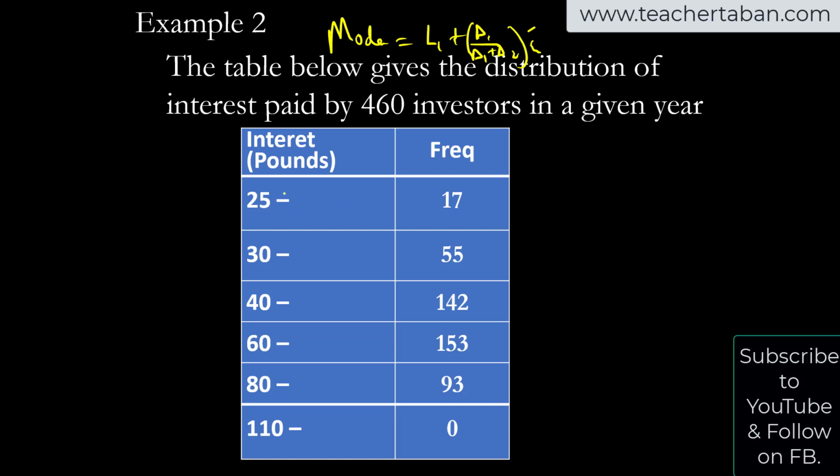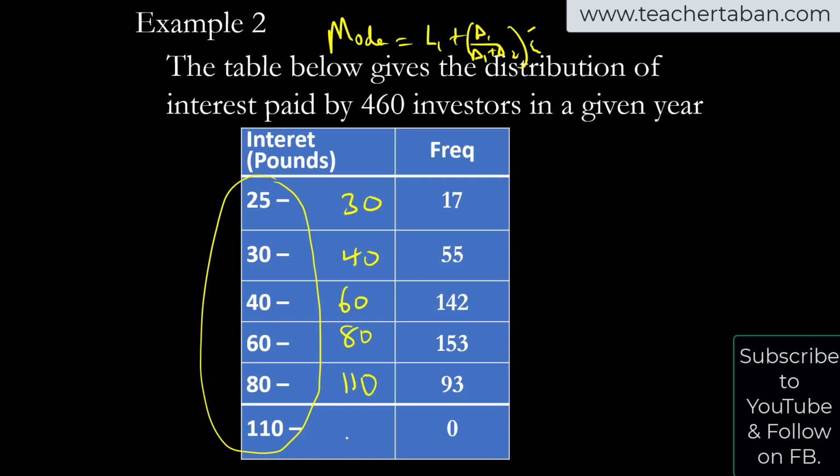So when you look at the frequency table, in case of being given data like this, these ones are the lower class boundaries. So from 25 we go to 30, here we go to 40, here to 60, here to 80, here to 110, and here there is nothing because that is the upper limit of this data.